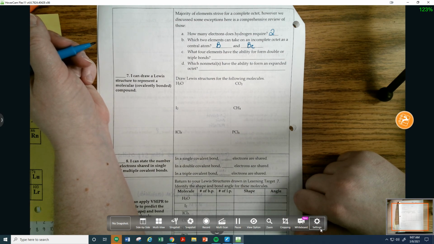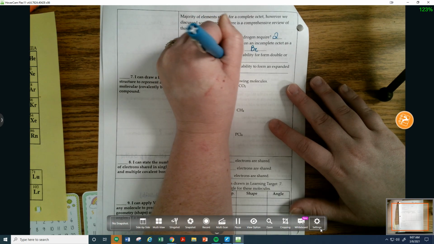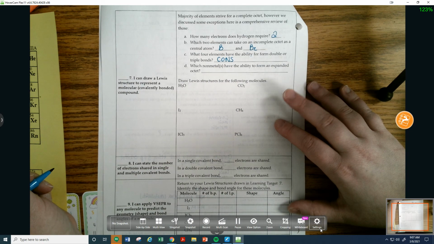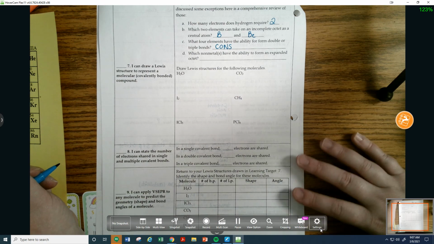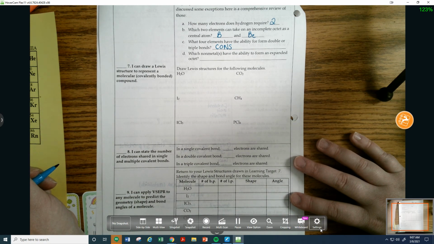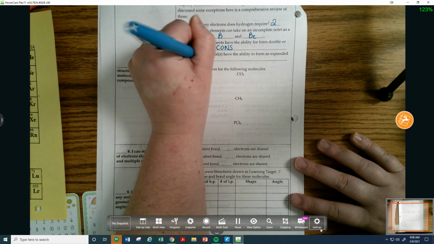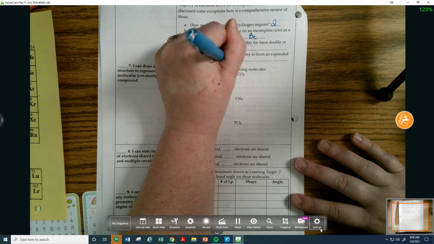What 4 elements have the ability to make a double or triple bond? Remember, there's an acronym, CONS: carbon, oxygen, nitrogen, sulfur. And which nonmetals have the ability to form an expanded octet? Those are the nonmetals found in period 3 onward down. So here's a list to give you an idea. We have phosphorus, sulfur, chlorine, argon in period 3.